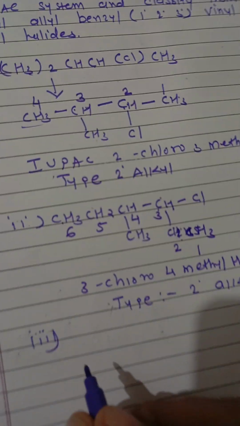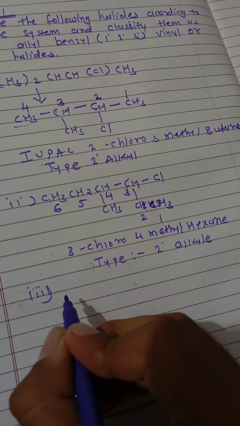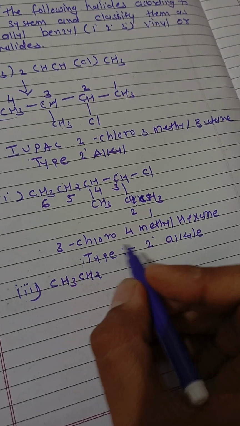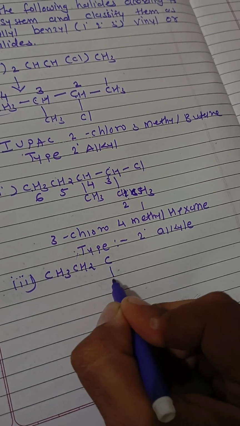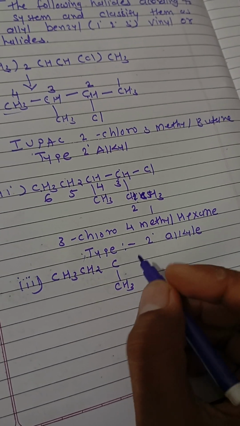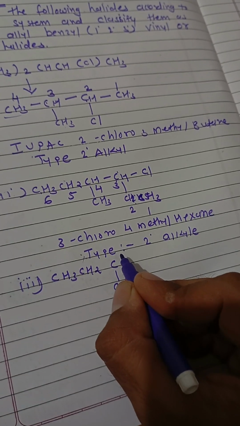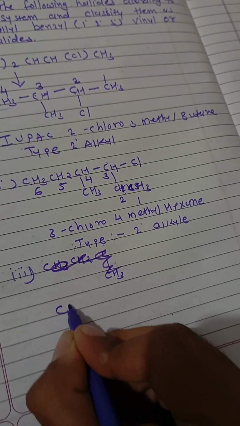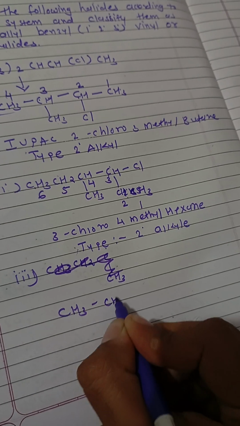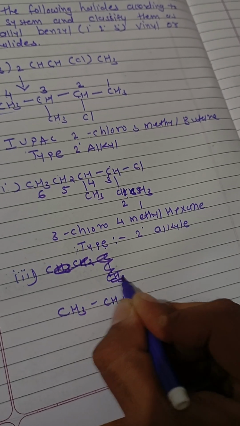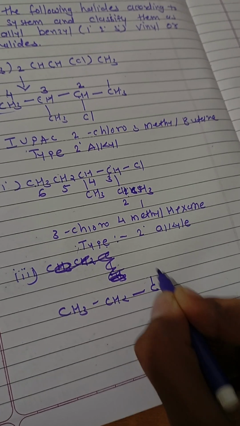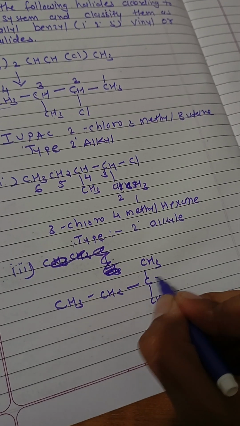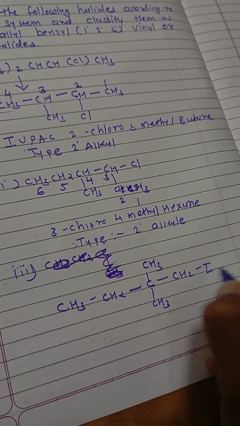See here, we have the example like this: CH3, CH2, a carbon having a CH3 group, which is 2 times. So one side we have to write like this. I write like this, CH2, then C which has 3 carbons like this, then CH2 and then iodine is there.